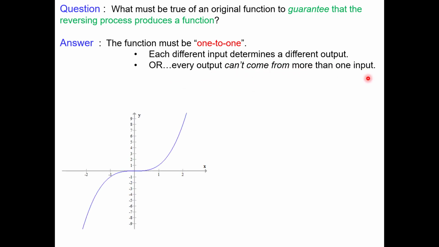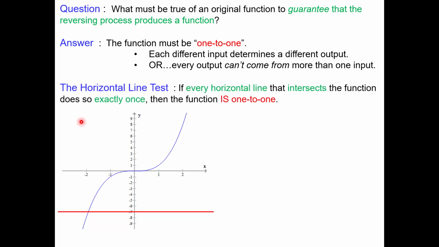So here's a graph of a function, and here's this horizontal line. Notice how many times at each stage as it goes up and down, it touched the graph. It only touched the graph once at every point. So once here, once here, once here, and so on.